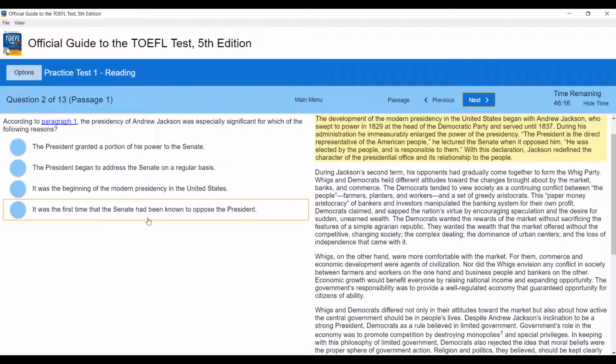And then this last one, it was the first time that the Senate had been known to oppose the president. This is a detail that is not mentioned in the text. We don't know if it was the first time. They didn't say that. But what we do know is that this modern presidency started with Andrew Jackson. So that's really what is significant.